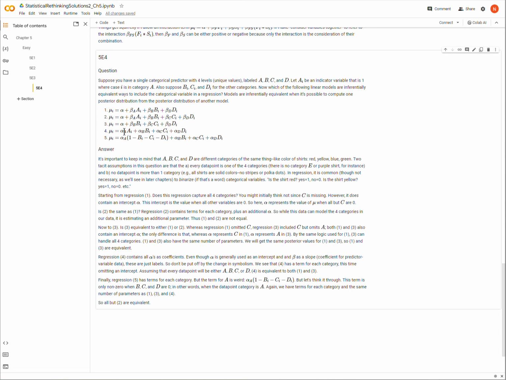So whereas in the other regressions we've been using this beta term as the slope, as the coefficient for the data, here we have alpha. And the answer is that this is not a problem. This is just the symbolism that we tend to use, that is being used in this regression, right?